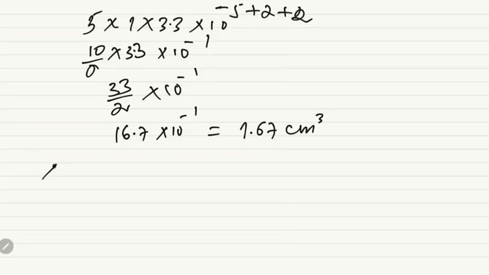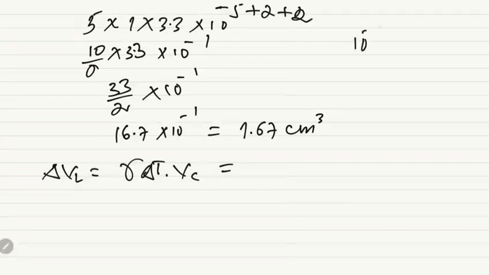Similarly, the change in volume of the liquid is equal to gamma of the liquid times the change in temperature times the volume at the colder temperature. Liquids expand more than solids, and that is seen in their coefficients. The gamma for solids is in the order of 10 to the power of minus 5, but the gamma for liquids is in the order of 10 to the power of minus 4.